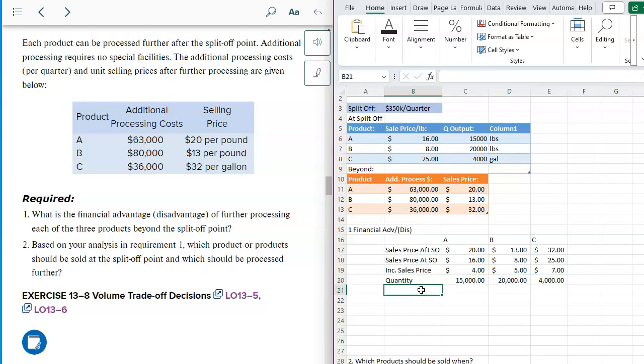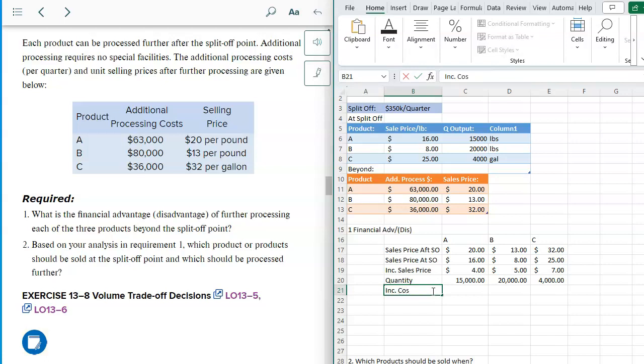Quantity. And then to compare with our quantity, we're going to take that incremental cost total, or the additional cost applied beyond the split-off point to process these. So we'll throw that on our list. Incremental, what do we want to call this?